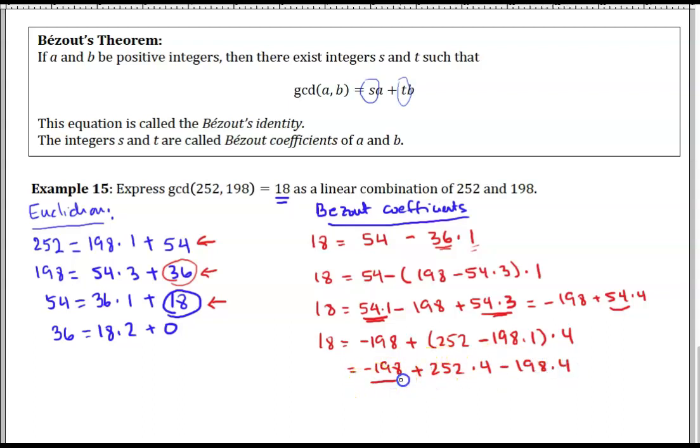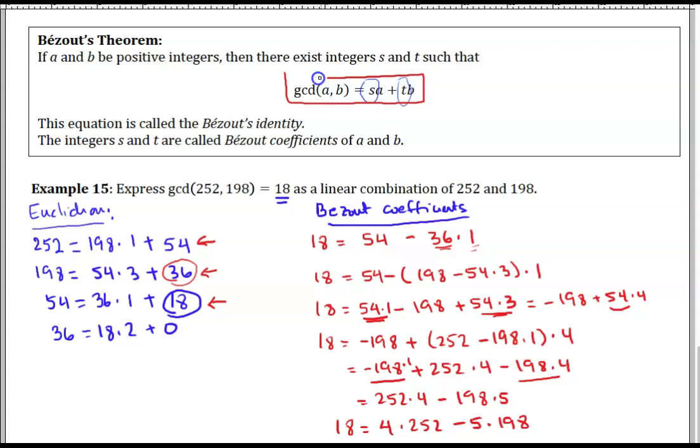Okay, so these are like terms. This is like 198 times 1, 198 times 4. So this gives me 252 times 4 minus 198 times 5. Or I'll write it as 4 times 252 minus 5 times 198. Okay, so that's the end of it.